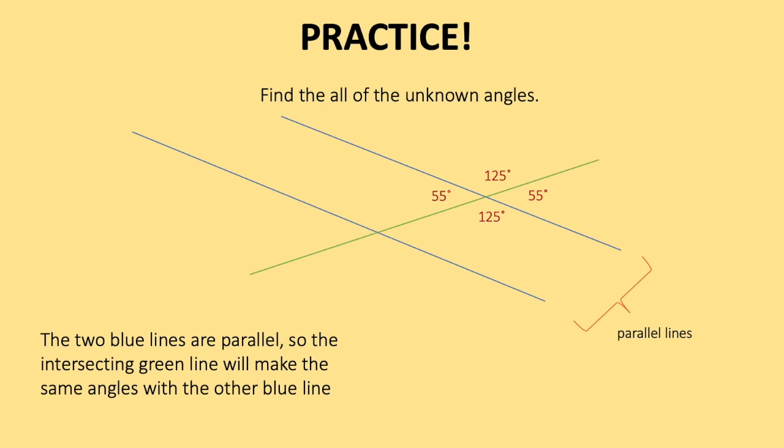You can also see that two of the angles that are created by the other blue line and the green line are bigger than other angles that are smaller. And since 125 is bigger than 55 degrees, the 125 will go on the bigger angles and the 55s will go on the smaller angles. So this is the complete set of all of the angles in this diagram.